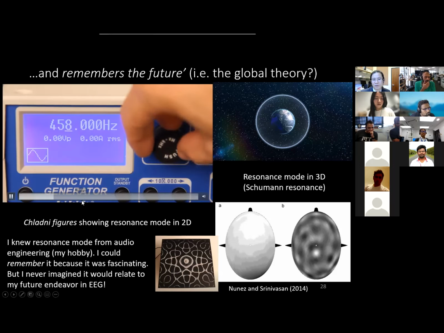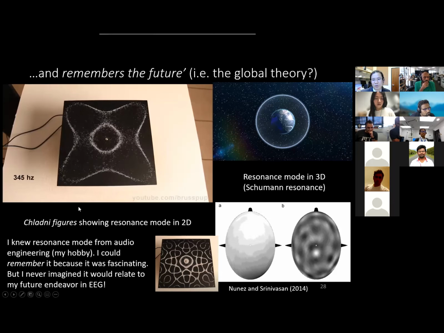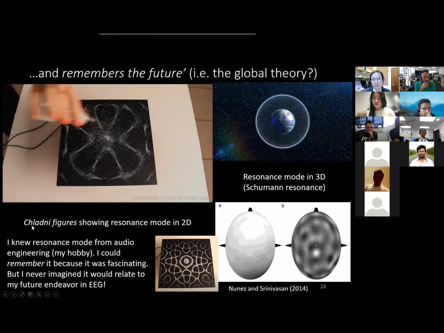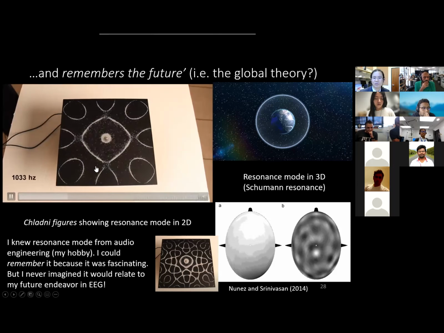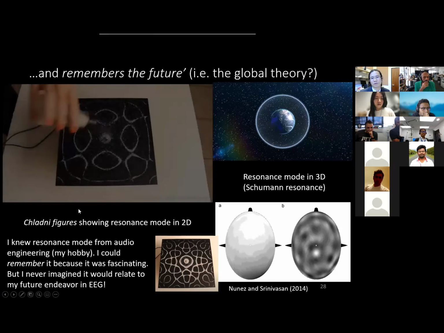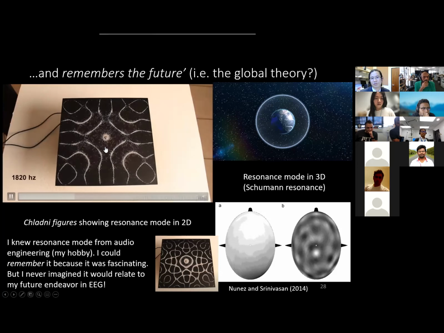Then you see these patterns appear. These are called the Chladni figures, and this was found even in the 17th century. As the frequency goes up, this pattern becomes spatially finer and finer. See, this is a finer pattern, smaller spatial scales, like higher spatial frequencies.